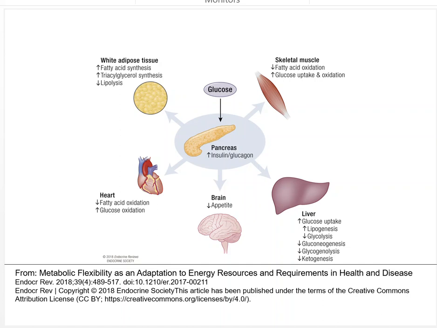The ability to switch back and forth between these substrates is defined as the ability to be metabolically flexible. This is sort of an ideal state for someone to maintain leanness and also to prevent insulin resistance and prevent the progression to type 2 diabetes.